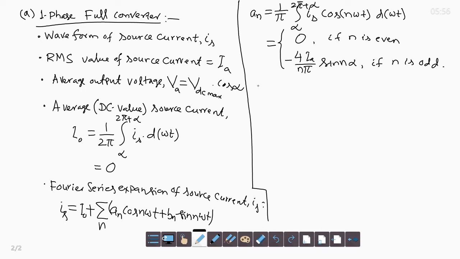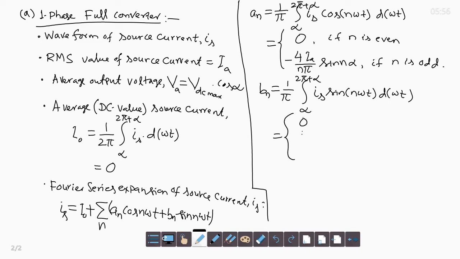Similarly, Bn is 1 by pi integral of Is sin n omega t d omega t from alpha to 2 pi plus alpha. It is 0 if n is even, and 4IA by n pi cos n alpha if n is odd.